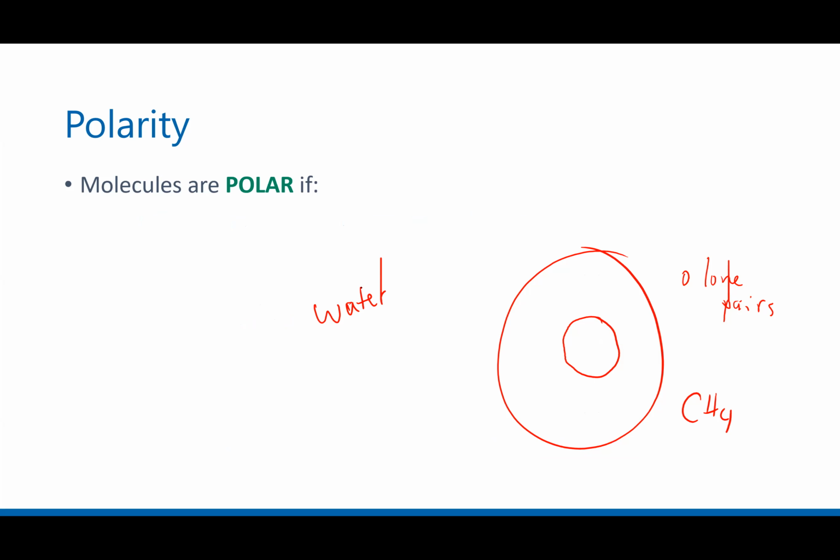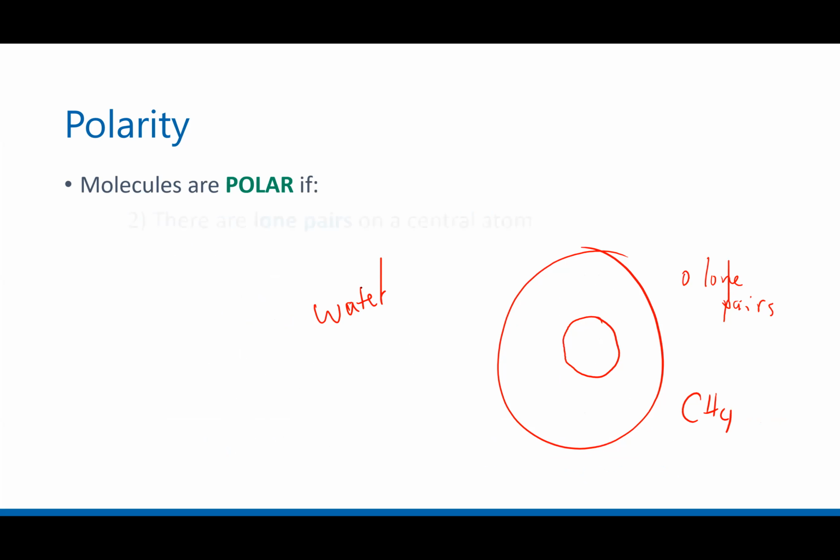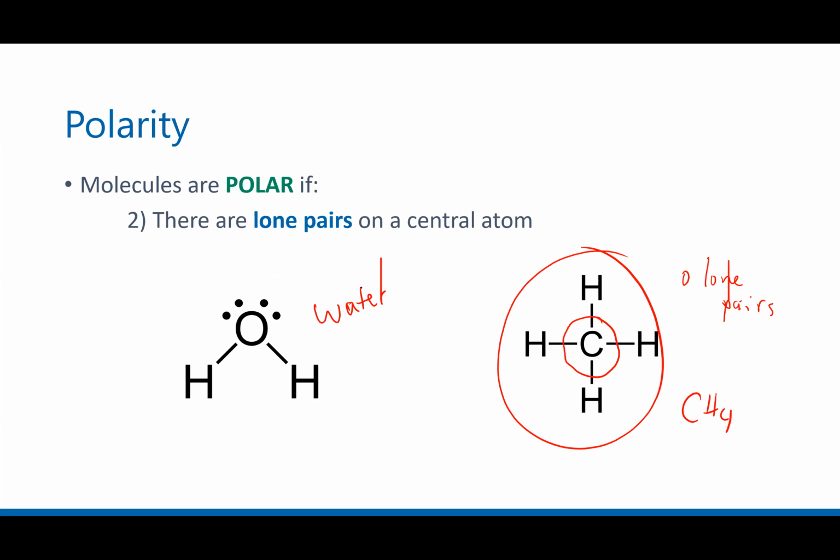Okay, so rule number 1, just going to go back. If there's 3 or more different elements in the molecule, it's polar. Rule number 2, if your central atom, key word here, central atom, has lone pairs, it's polar.